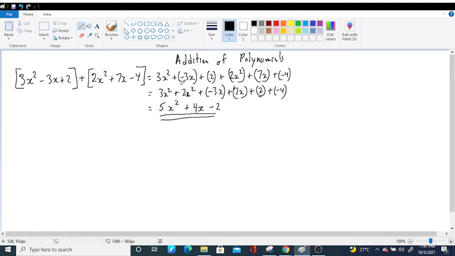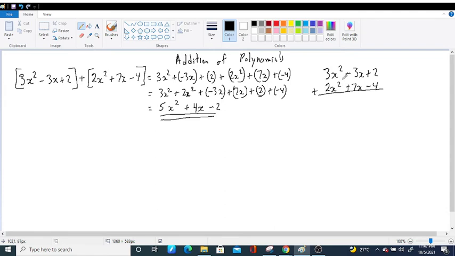What then would happen if I was to work with them vertically? I'm going to take this same example and work it vertically. I'm going to have here 3x squared minus 3x plus 2. That's my first polynomial. For the second polynomial, I'm going to put 2x squared right below the x squared, the 7x below the x term, and minus 4 below the constant.